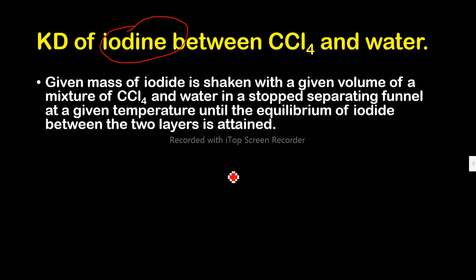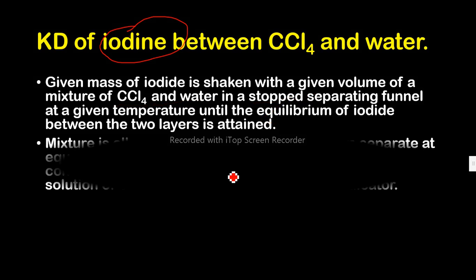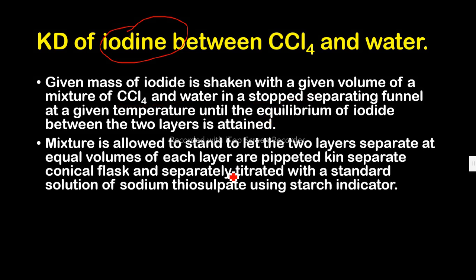And when the equilibrium is attained, you can leave the mixture to settle. And then after settling, you run out the water and you remain with the organic layer in the separating funnel.